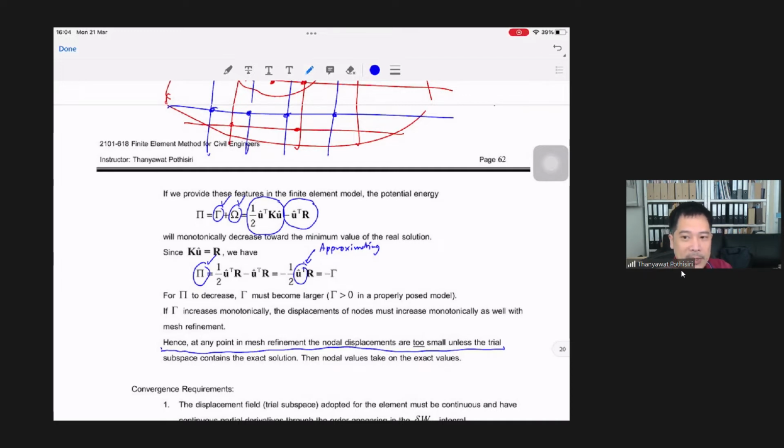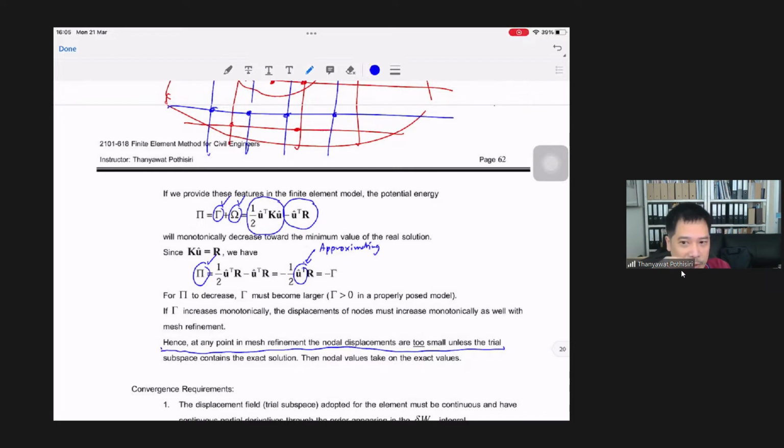So in refining our mesh, or in trying to get closer to the exact solution, we are essentially trying to make our finite element model less stiff than it should be. Because at any point during your approximation process, your finite element model is too stiff, giving you too small values of nodal displacement.